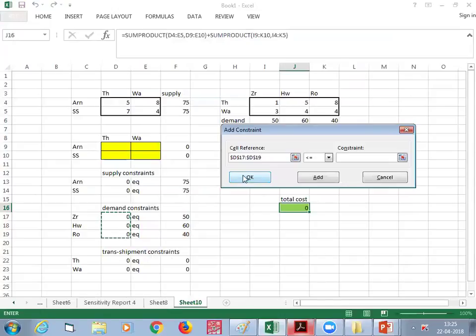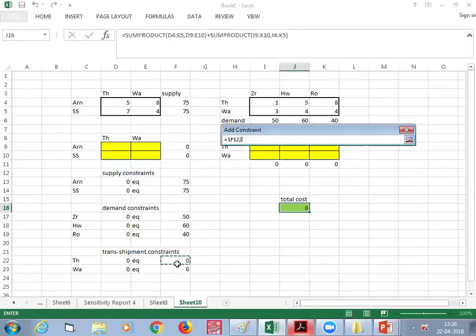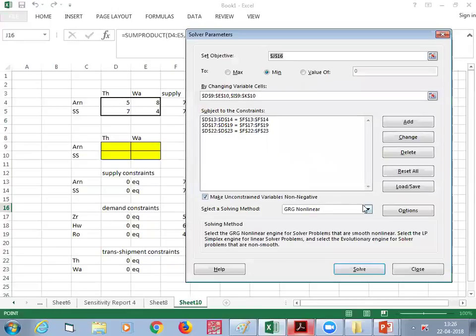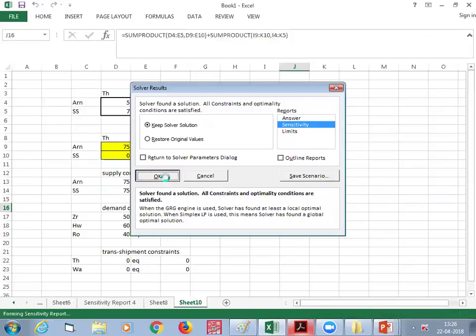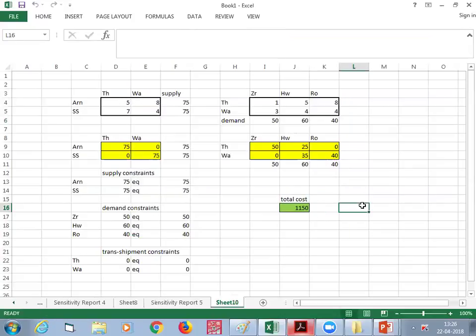These are equal to these. And these are equal to okay, there we are.